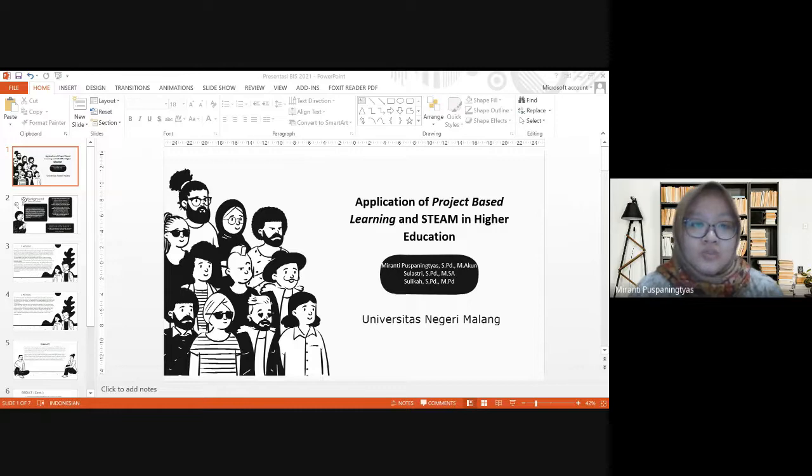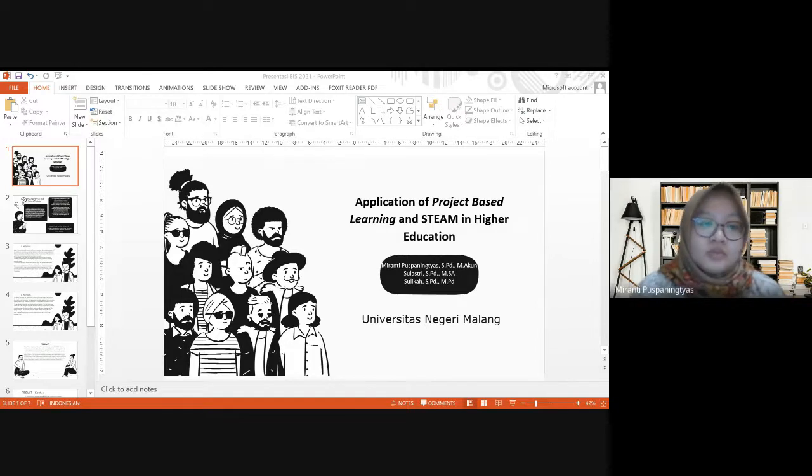So they need a treatment, a new method, so they can help other SMEs and other businesses to count their cost. We selected the cost accounting class for that reason.